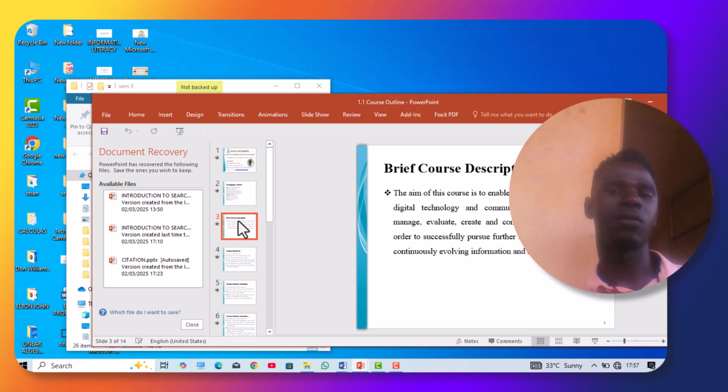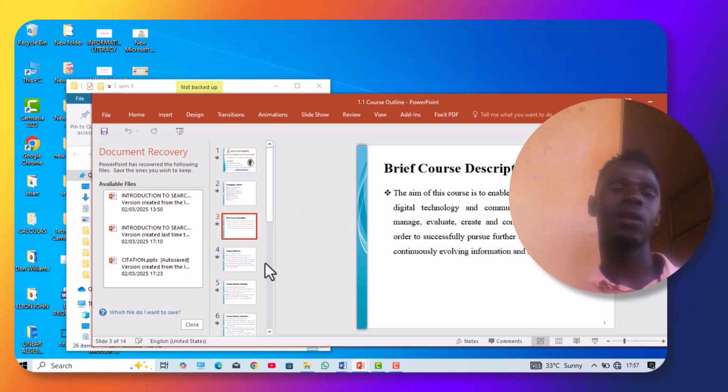The aim of this is to enable the student to utilize modern digital technology and communication tools to access and manage, create and evaluate information, and communicate the information effectively.